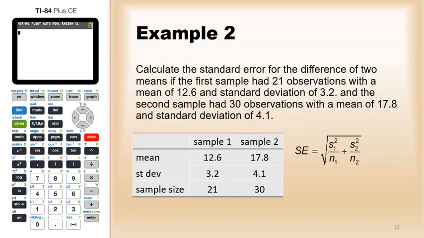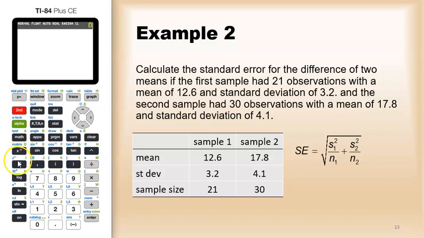So for instance, to calculate the standard error for the difference of two means, the first sample had 21 observations with a mean of 12.6 and standard deviation of 3.2, and the second sample had 30 observations with a mean of 17.8 and standard deviation 4.1. Okay.